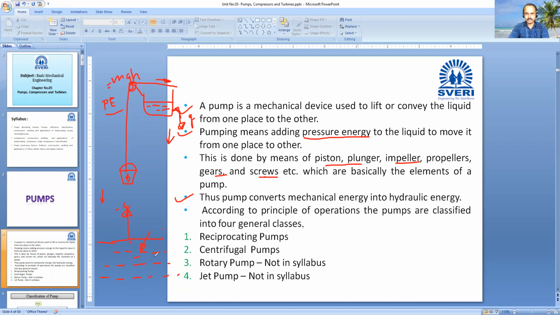So by using a mechanical device, can I add pressure energy to that water? Yes, sir. Okay, tell me how.